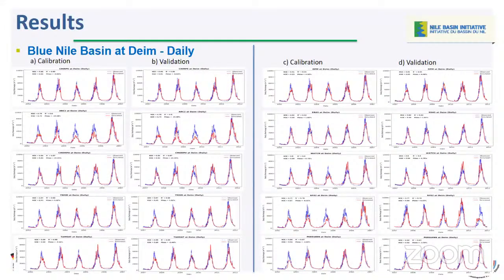And here we go. Here are the results from the hydrological model for the 3 basins. First is the results of the Blue Nile Basin over the 10 satellite rainfall datasets. I hope they are clear to you, and I hope you can see them easily and vividly.